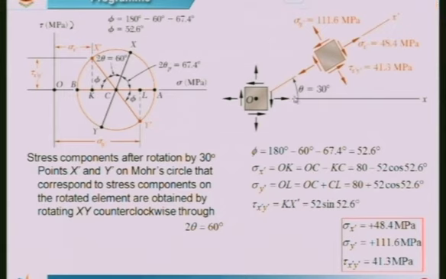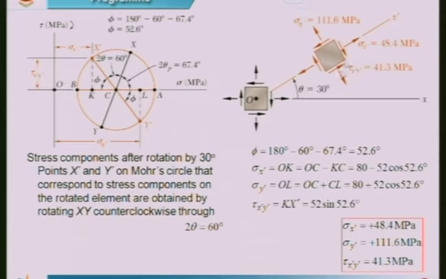We have rotated this in the anti-clockwise direction by 30 degrees. So, this is the block that we get. The normal stress that is acting, sigma x dash, corresponds to this value, that is OK, which we would get as 48.4, and this value sigma y dash, which would be at 90 degrees to this, is also positive, and it is 111.6 megapascal.